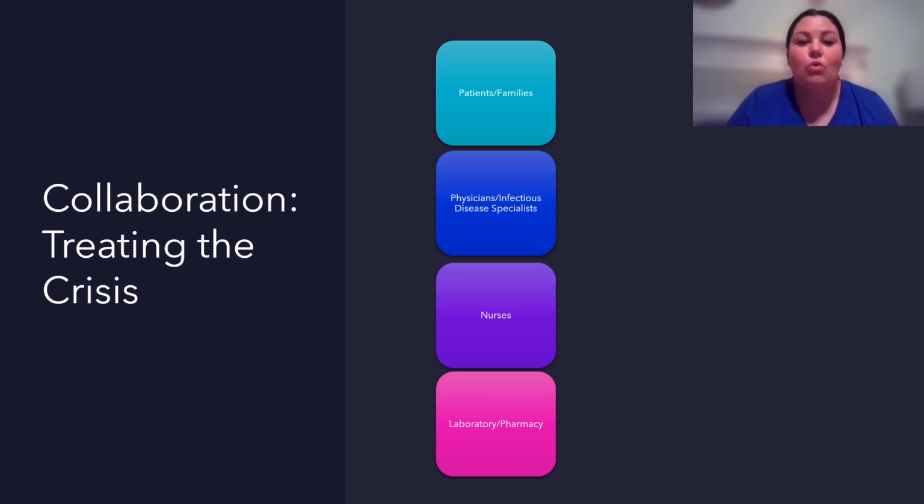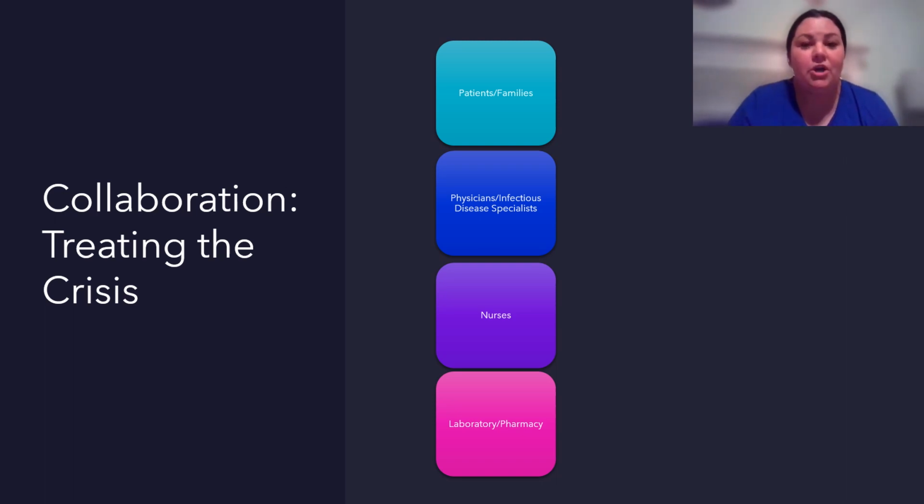The pharmacy will also be in a position to help us treat the MRSA outbreak if the patients do require pharmacological intervention. The pharmacy will review that and help Matt and his team to treat the crisis.